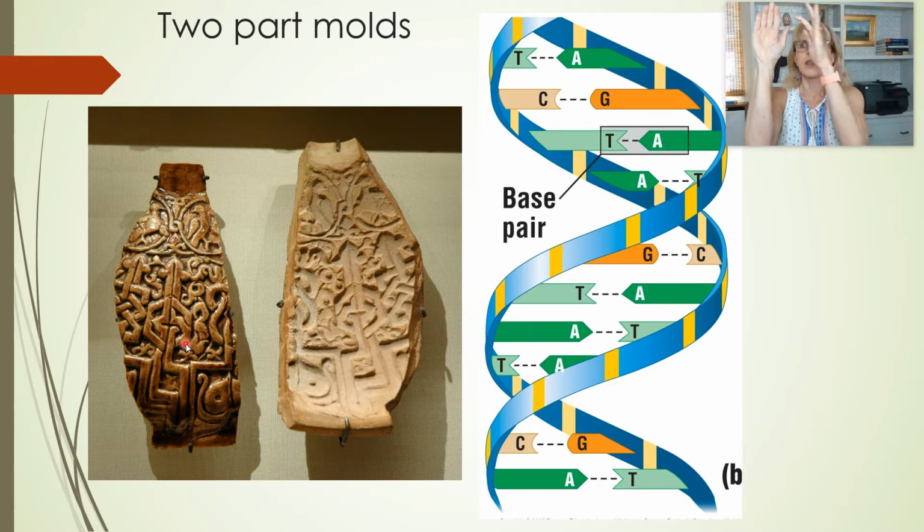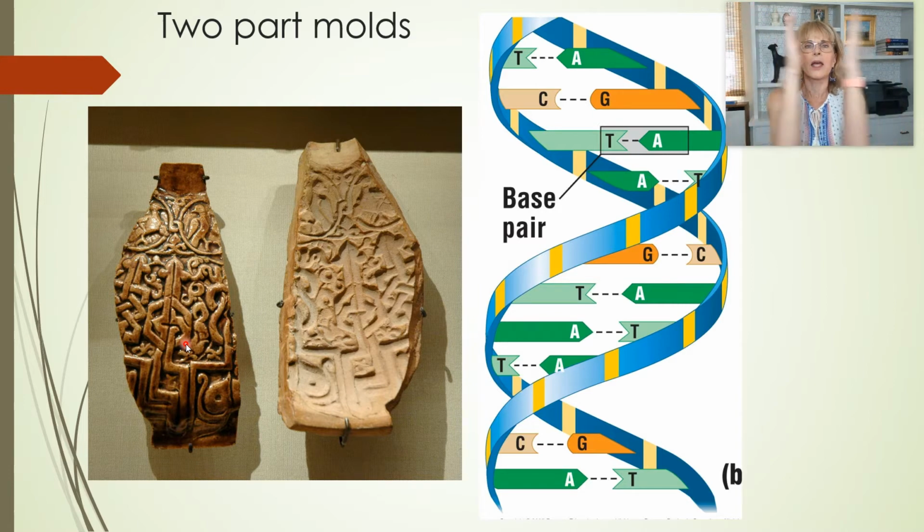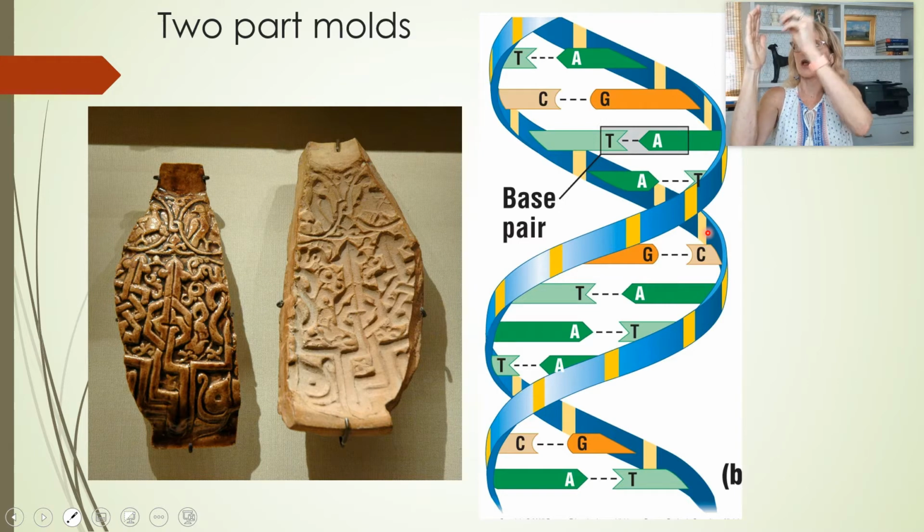And then there will be an enzyme that will walk along here and will use this to make a perfect copy of this one without ever looking at it. Why? Because when they got separated, now this one is going to be TCTAC, right? And then it'll just walk along, and wherever there is a T, it'll put an A. Wherever there's a G, it'll put a C, and it'll just work its way down. It's kind of ingenious, right?